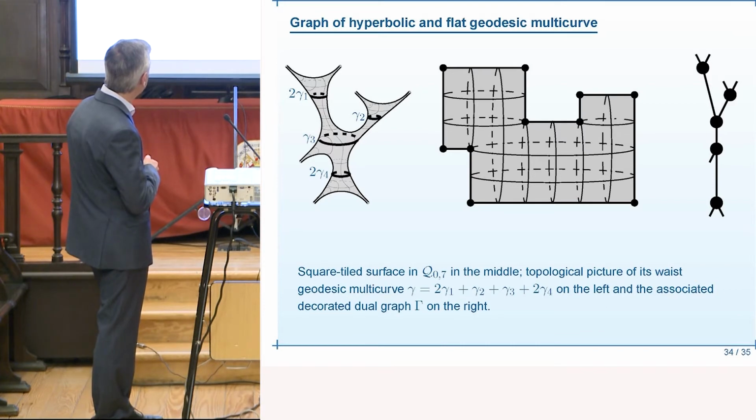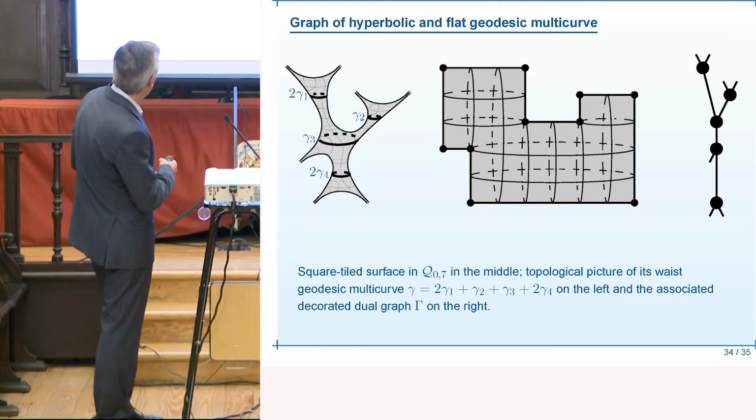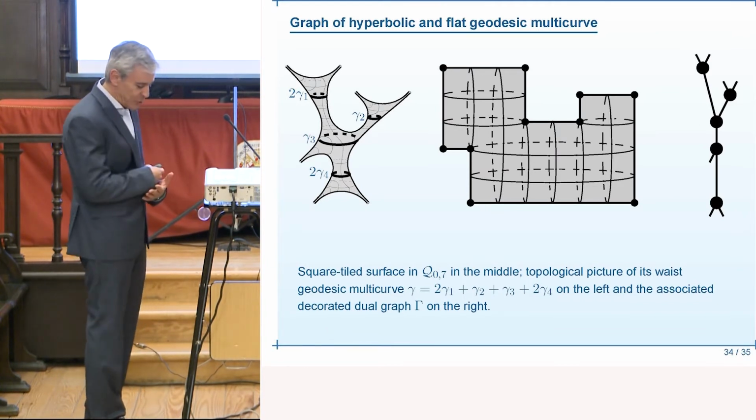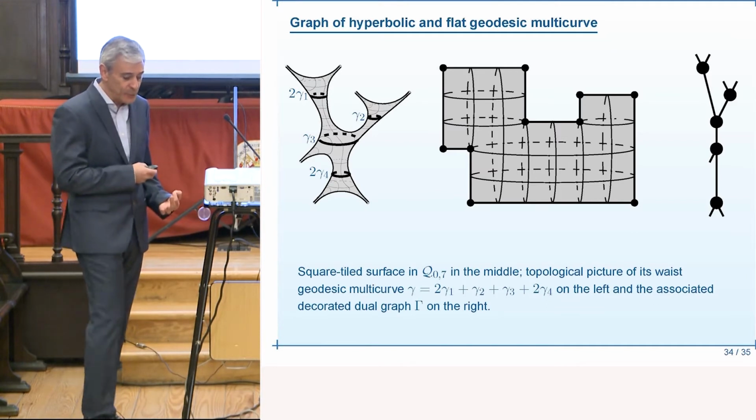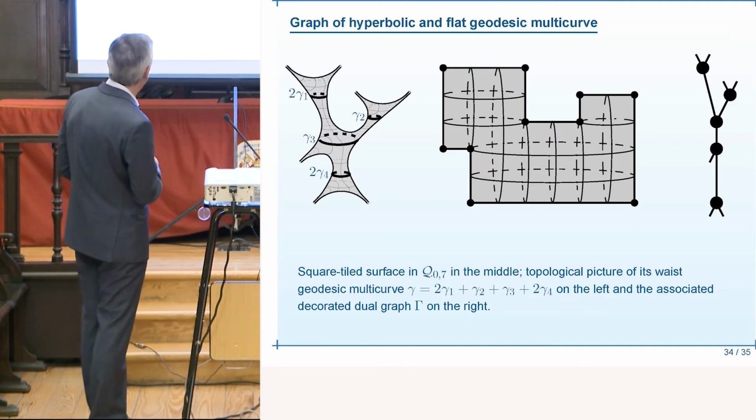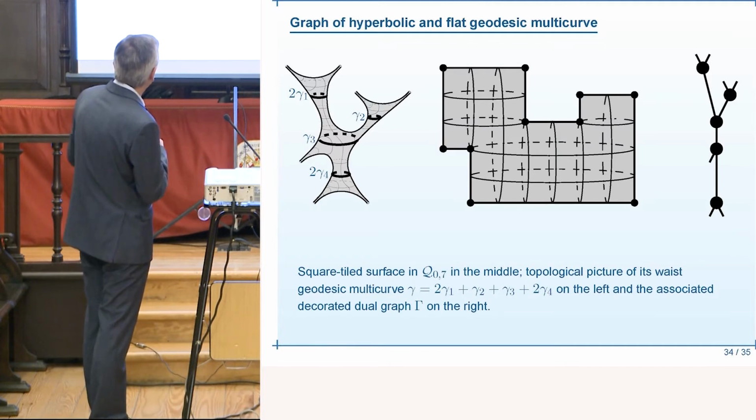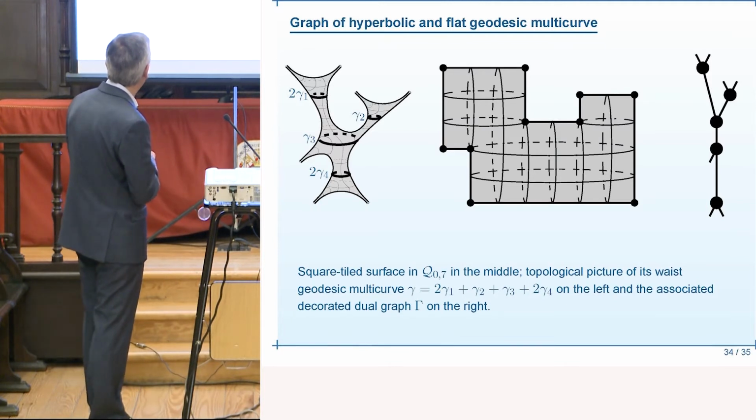I associate to these corners, which have cone angle pi, simple poles of the corresponding quadratic differential, and in this other language they are marked points on the surface, and in the language of hyperbolic geometry, we're supposed to put cusps there. And so we have 7 corners like this, 1, 2, 3, 4, 5, 6, 7.